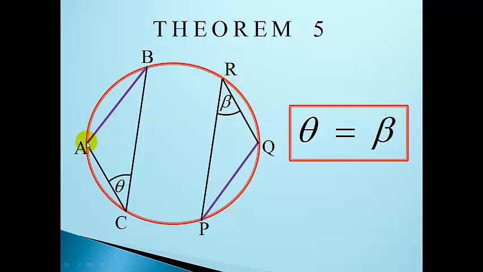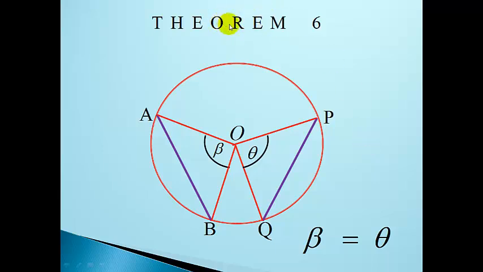If the length of chord AB is equal to the length of chord PQ, then it means that the angle theta is equal to the angle beta. So theta is equal to beta, according to theorem 5.